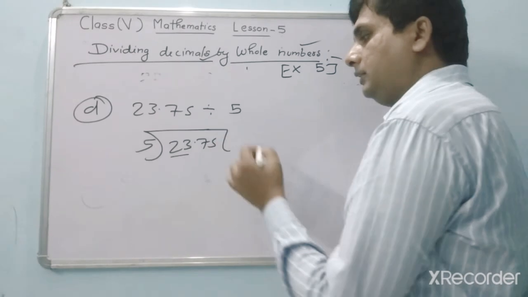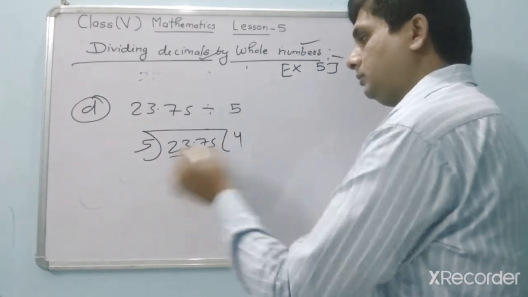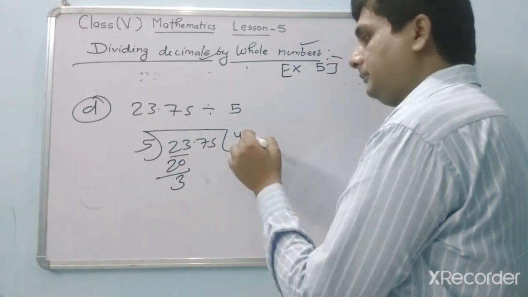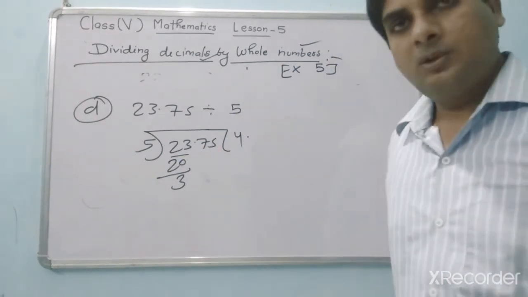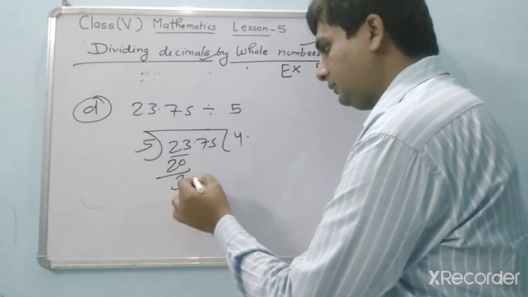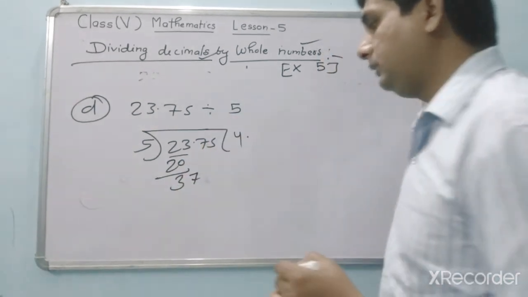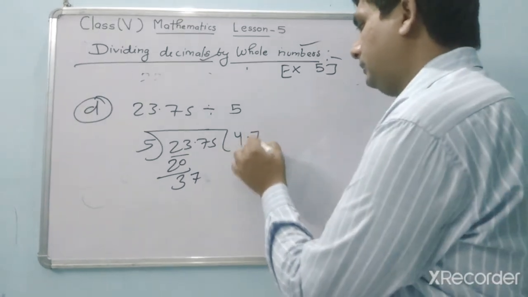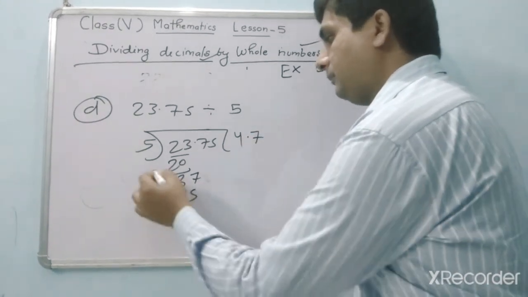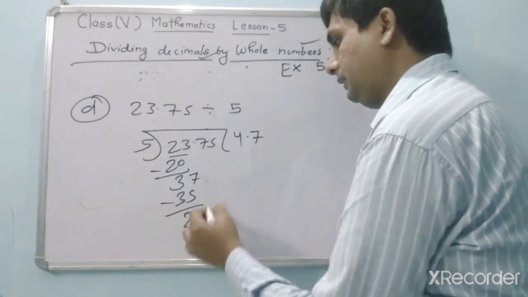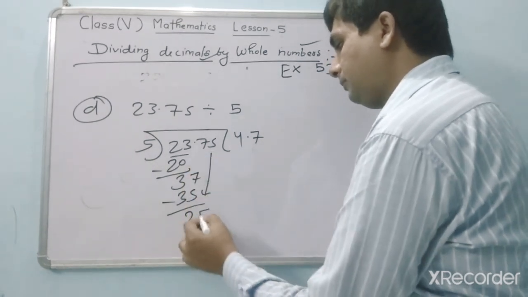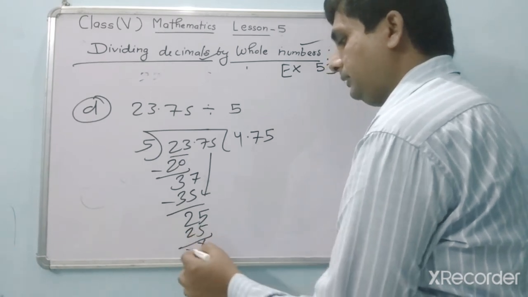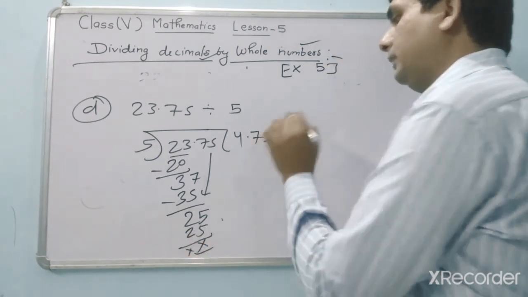Take 23 together. 5 fours are 20. What will be here? 3. After 3 the decimal is there, put the decimal here. Now you can write 7. 5 sevens are 35, here the minus symbol, don't forget it. Then here 2, then write 5. 5 fives are 25. So you divide, and that will be your answer: 4.75.